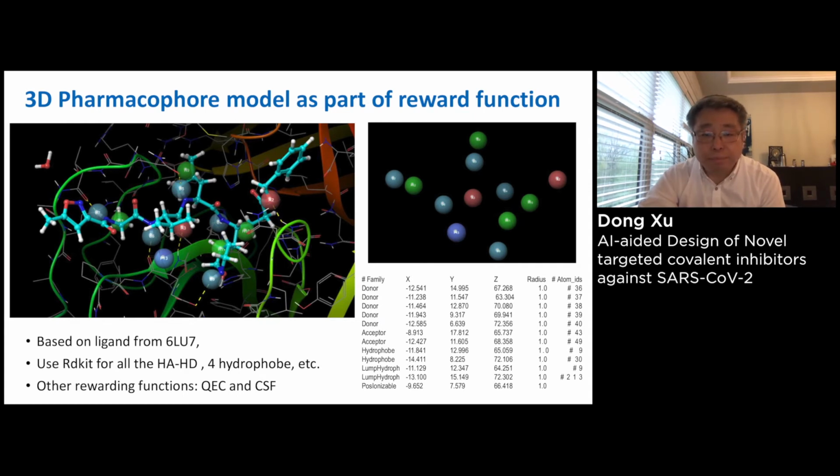So these positions can be represented by dots here. That means our designed molecule should cover as many of these dots as possible and should satisfy those conditions as much as possible. The condition, I mean, either the hydrogen bonding condition or the hydrophobic patch conditions.